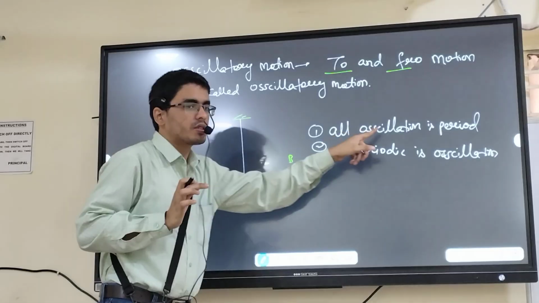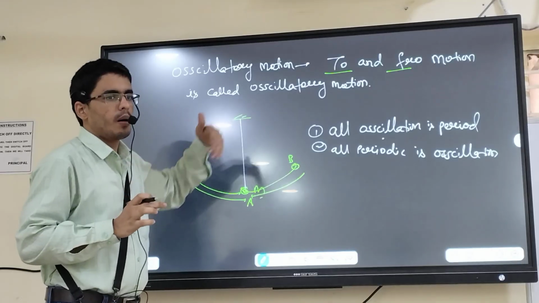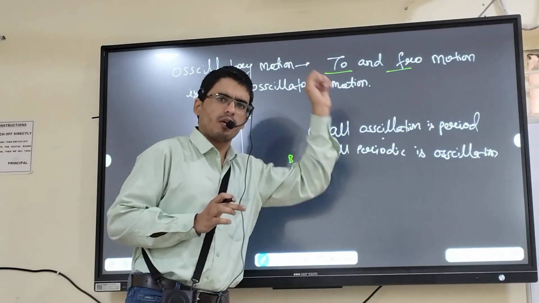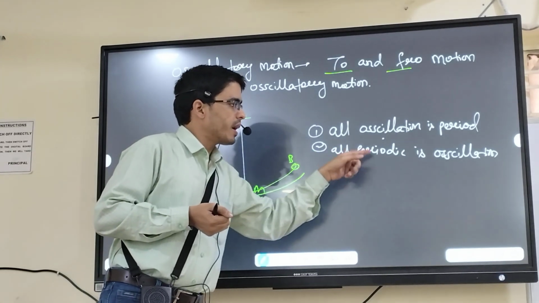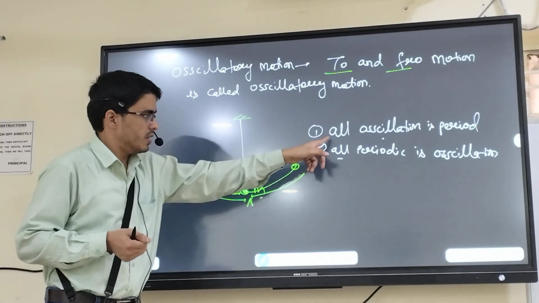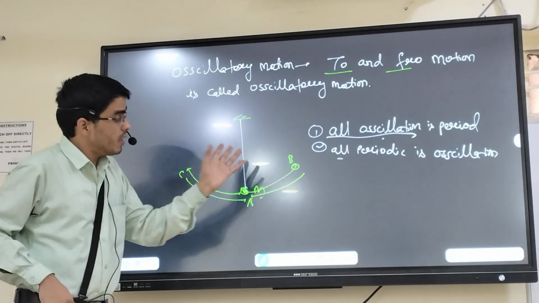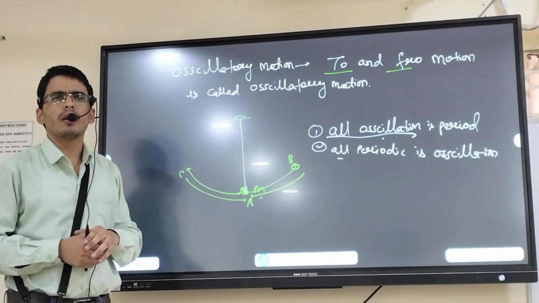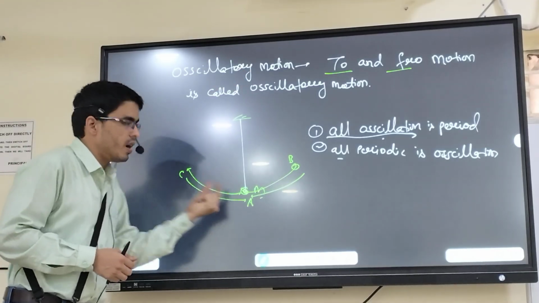Oscillation means it will move to and fro, but not necessarily completely periodic. And all periodic is oscillation is not correct. Why? Here it will oscillate to and fro, with one fixed time. You know the simple pendulum, the clock we have seen: there is one fixed time, say 2 seconds, and it will repeat itself after every 2 seconds.